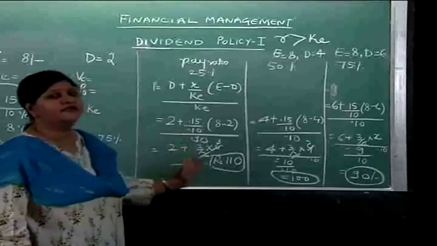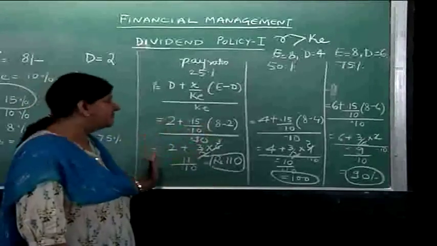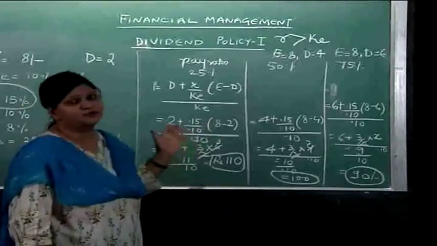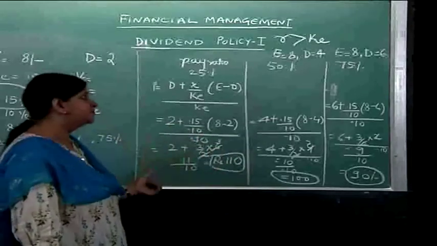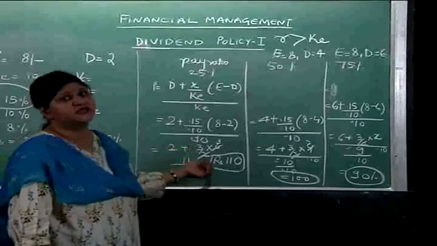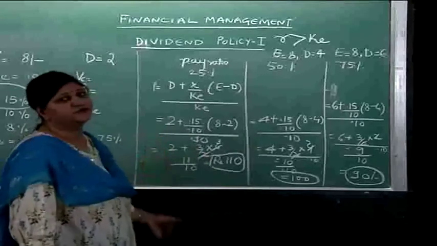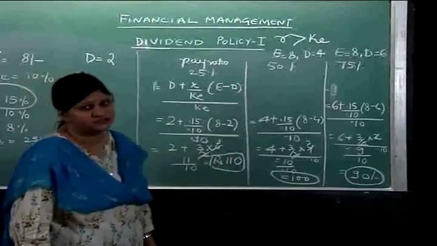The meaning of it is that the company has better investment opportunities than shareholders to invest, and when company is going to invest in the profitable ventures, the shareholders' wealth is going to increase by such decisions.